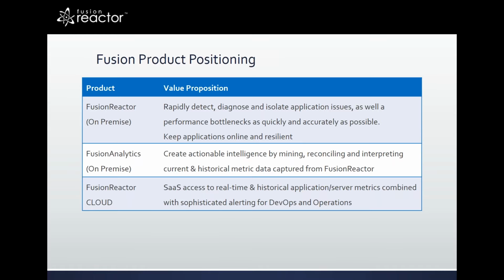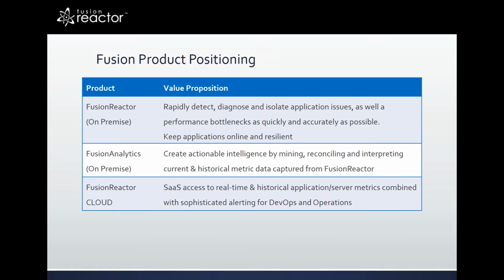So FusionReactor product positioning. As you're aware, we've got the three products: FusionReactor on-premise, Fusion Analytics, which is also an on-premise piece of software, and FusionReactor Cloud. So the goal with FusionReactor itself really is to rapidly detect and diagnose and isolate application issues and performance bottlenecks.